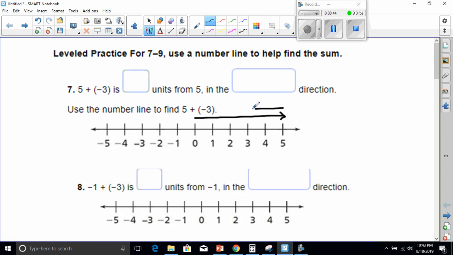The negative direction. So that's 1, 2, 3. So there's 3 units from 5 in the negative direction. Okay. And that should cover that one.